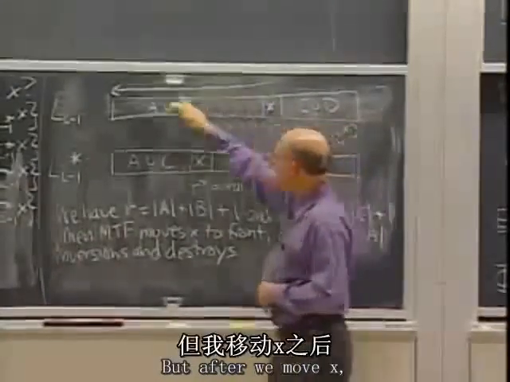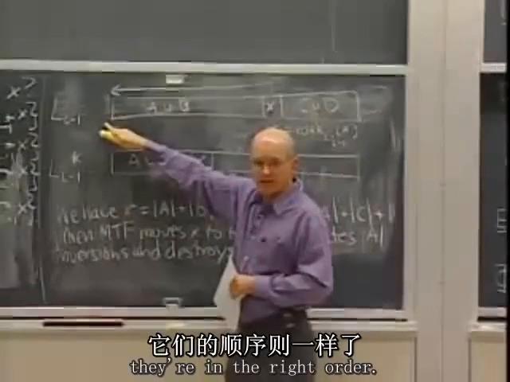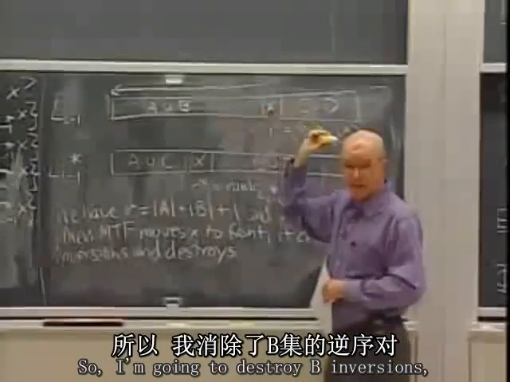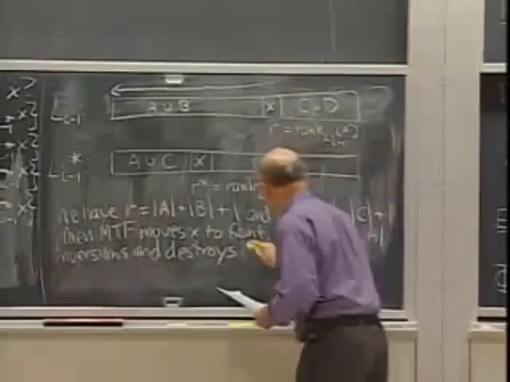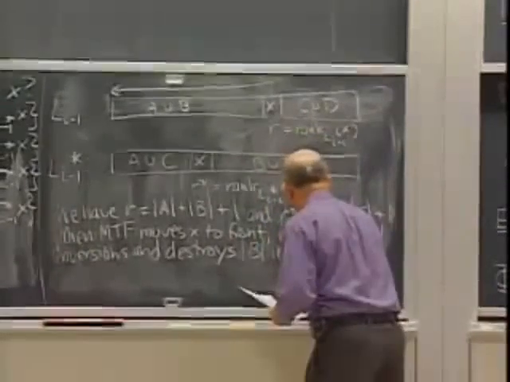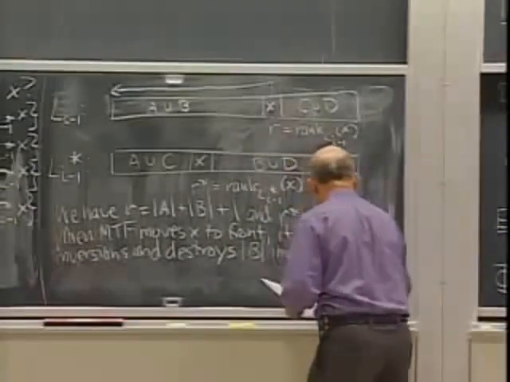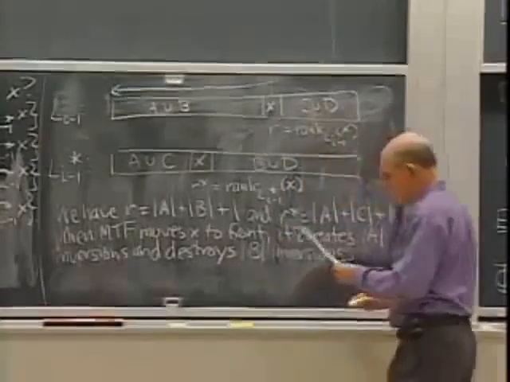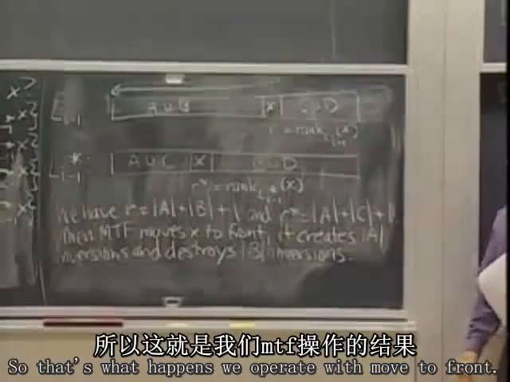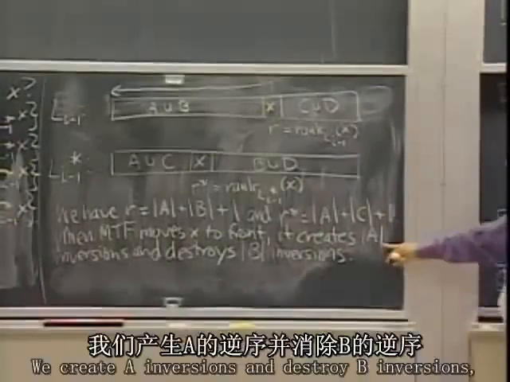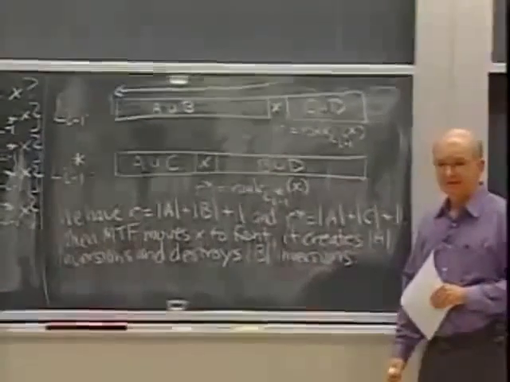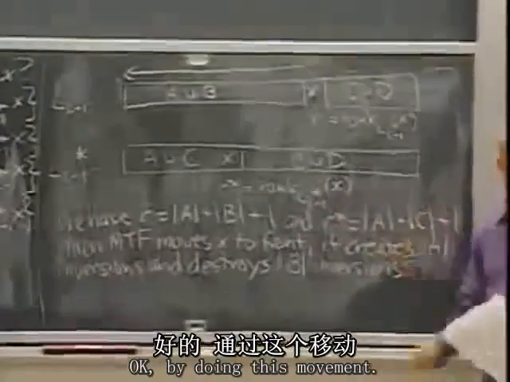But after we move X, they're in the right order. So I'm going to destroy cardinality of B inversions. So that's what happens when we operate with move to front: we create A inversions and destroy B inversions by this movement.